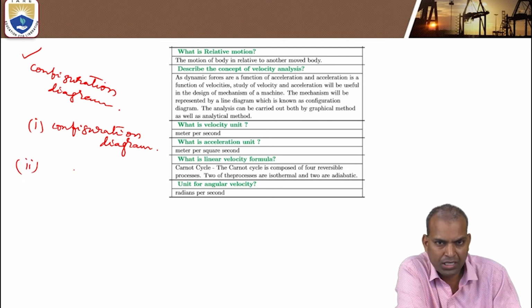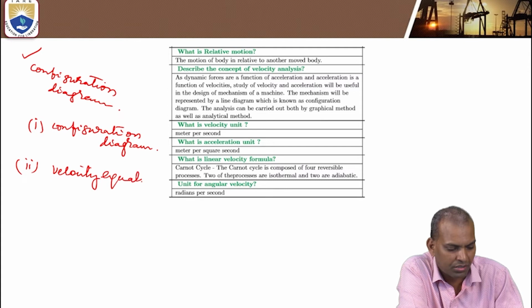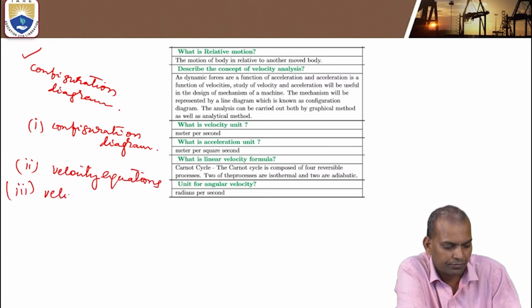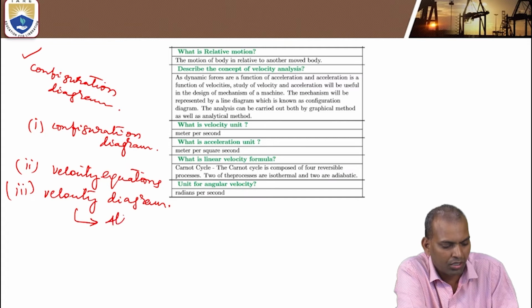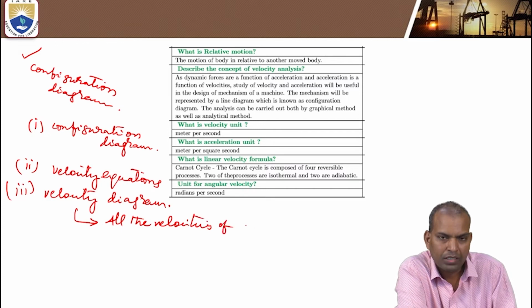From the configuration diagram, we apply the velocity equations and draw the velocity diagram. By using the velocity diagram, we find out all the velocities of the links.